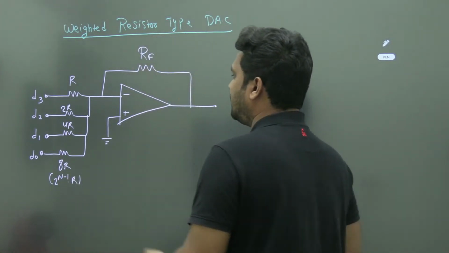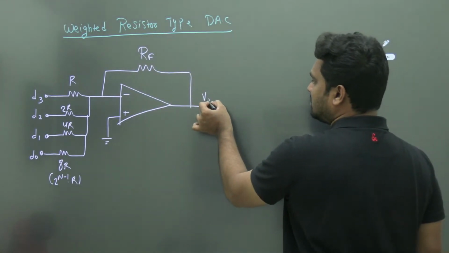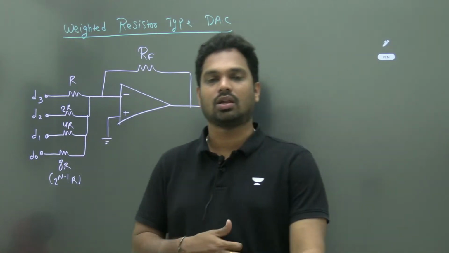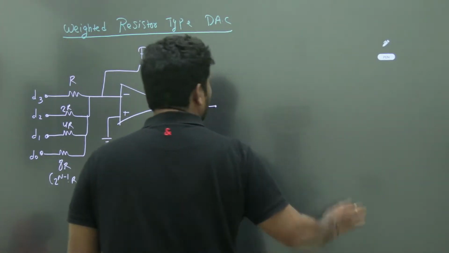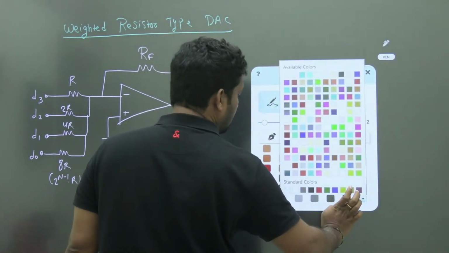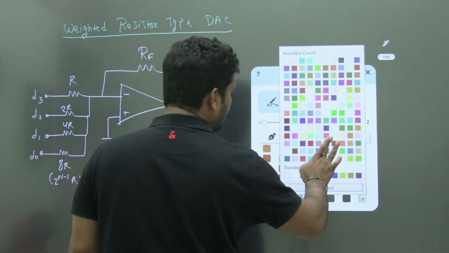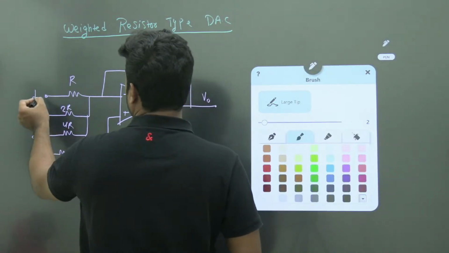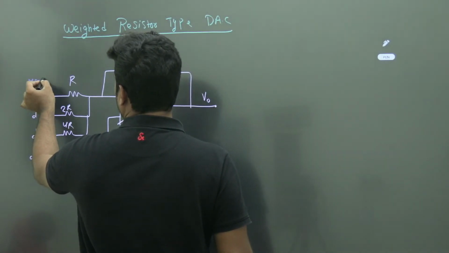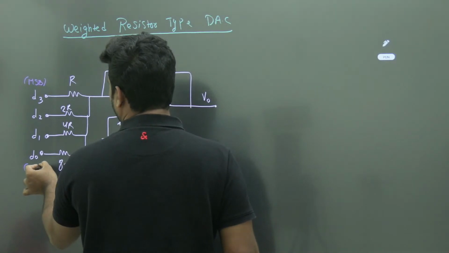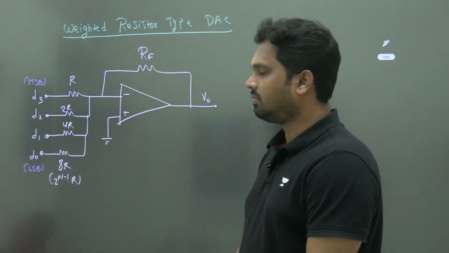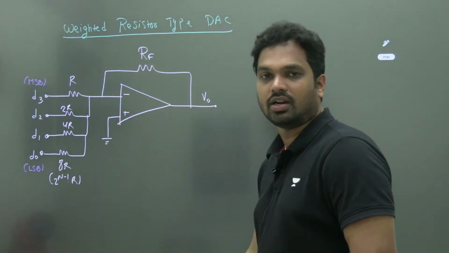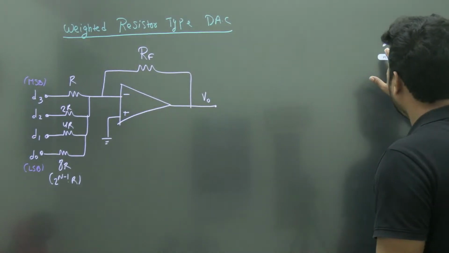This circuit works like a weighted resistor type DAC. Here we add the resistors in terms of weights like R, 2R, 4R, 8R, 16R and so on. The resistor close to the op amp works like the MSB of your input, and the LSB of the input is the last one.